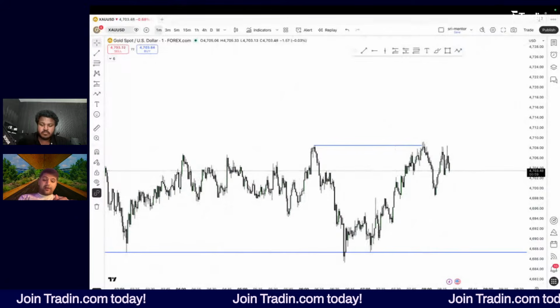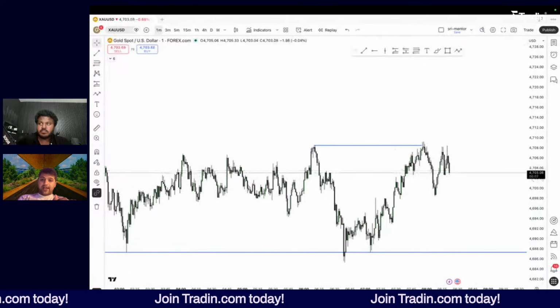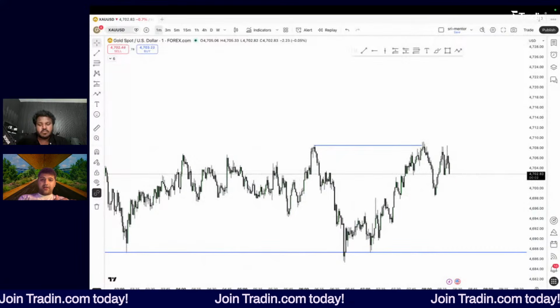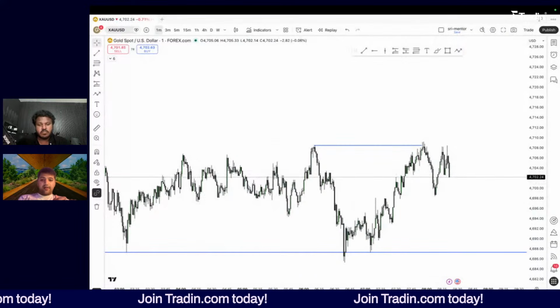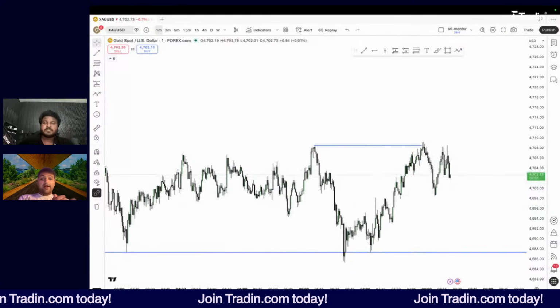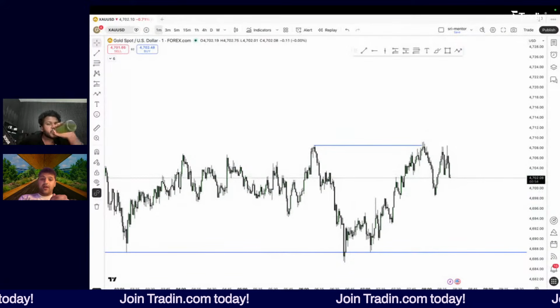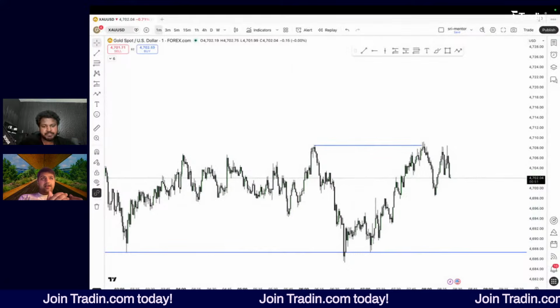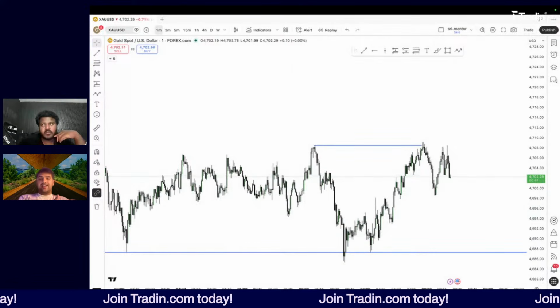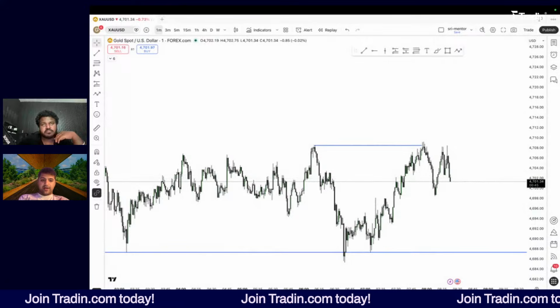Sniper entries, lower time frame scalp trades have their pros and cons. If you're trading the 1 minute or 5 minute time frame, you might be in the right direction, but the market might take you out and then move in your direction. Swing trades, let's say on the 30-minute or 1 hour time frame, give you room to DCA, to dollar cost average into your trades.